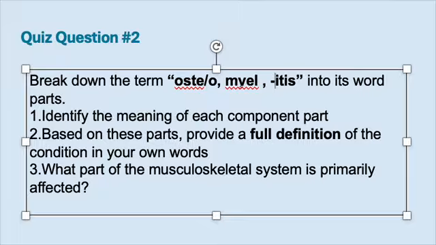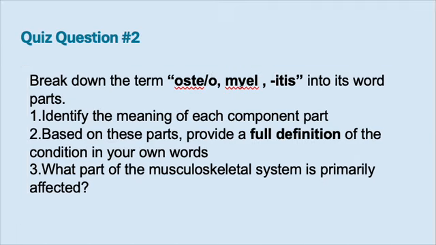So it's usually caused by Staphylococcus aureus bacteria, and it affects the bones, specifically the long bones of the arms and legs, and reaches the bone marrow, which is found deep inside of the bones. And so when the infection reaches the bone, it causes the bone marrow to swell. So a little breakdown or review of one of the components that we discussed last week.